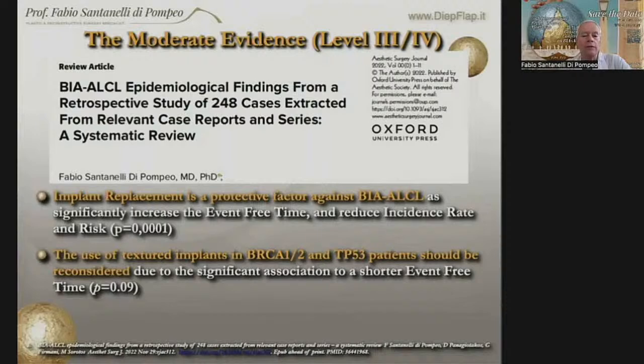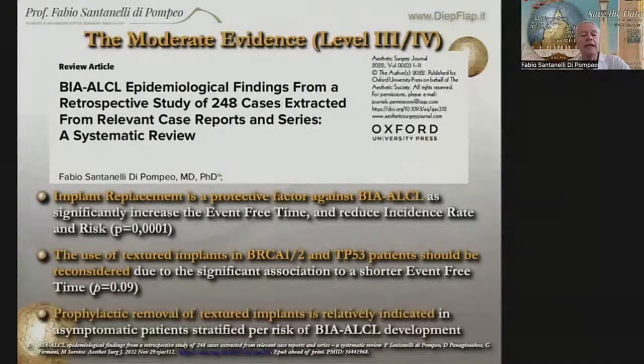Those patients that have this kind of germline mutation, TP53, which is generic for any kind of cancer, and BRCA 1 and 2, specific for ovary and breast cancer, have an early onset of BIA-ALCL. So we have to consider not using textured implants in those kinds of patients.